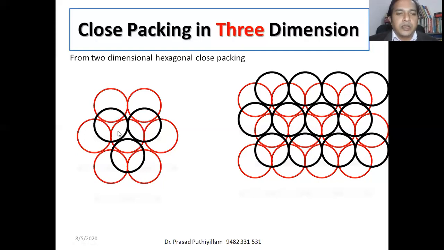So this is B type arrangement. First I took the A type arrangement and consider this one as a B type arrangement, and above that again an A type arrangement, and above that another B type arrangement. So it becomes an AB type arrangement.